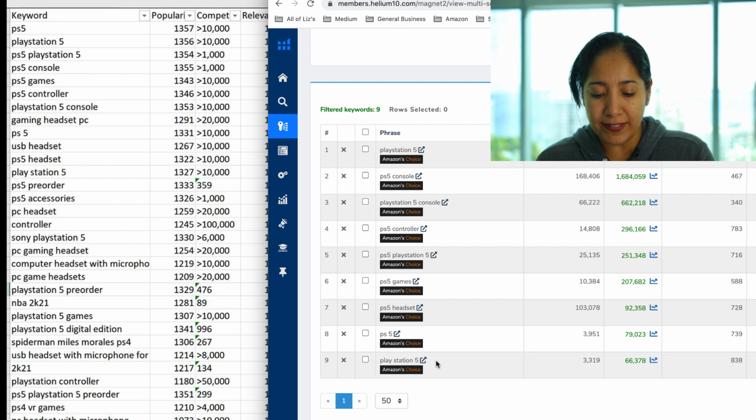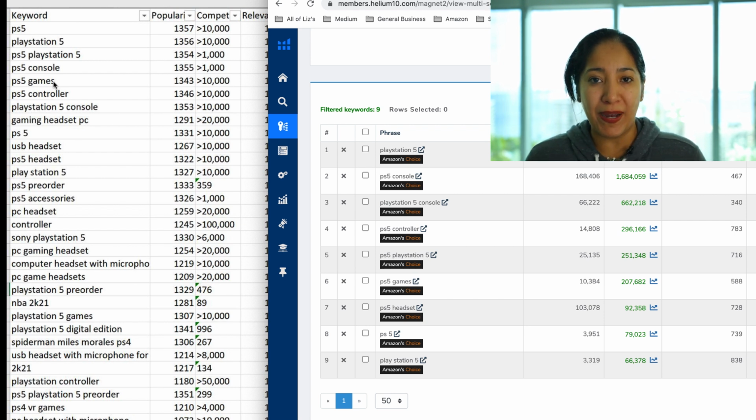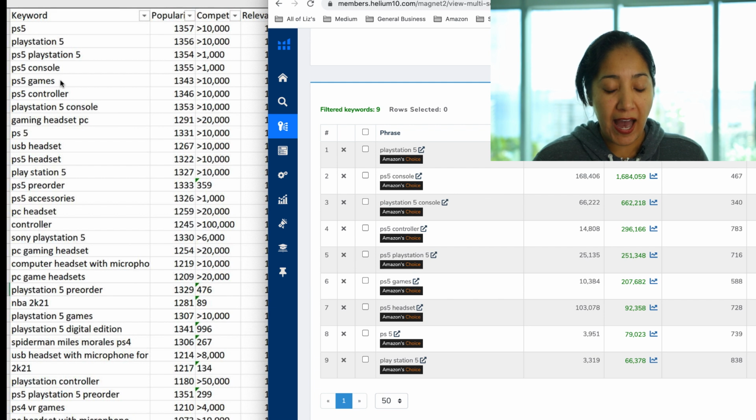And the reason for that is some of the keywords that have very little search volume, according to Helium 10, are ranked very high in PFR, meaning that they're generating a ton of sales despite the fact that they don't generate as many searches. So we would have been largely disappointed if we did use some of the keywords on Helium 10 that had an insane amount of volume, and vice versa. With this other report, we would have been very happy having used the keywords that Helium 10 claims have very little search volume.